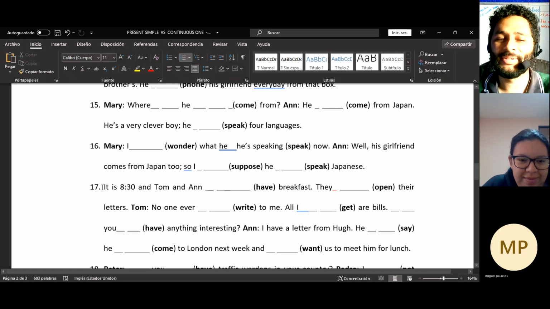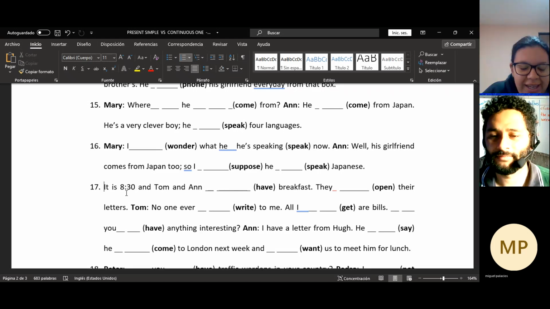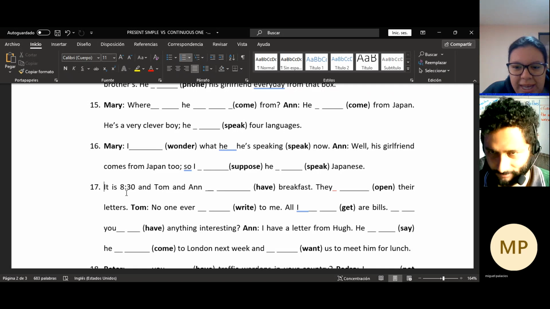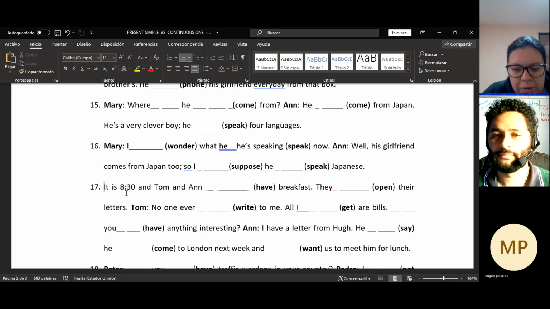Number 17. What do you have in that one? It is 8:30 and Tom and Ann are having breakfast. They are opening their letters. Tom, no one ever writes to me. All I get is bills.